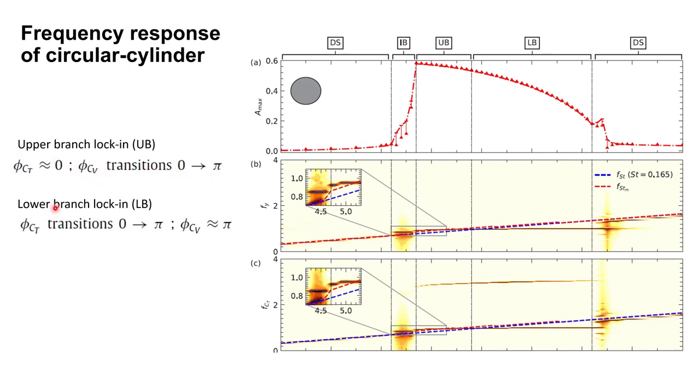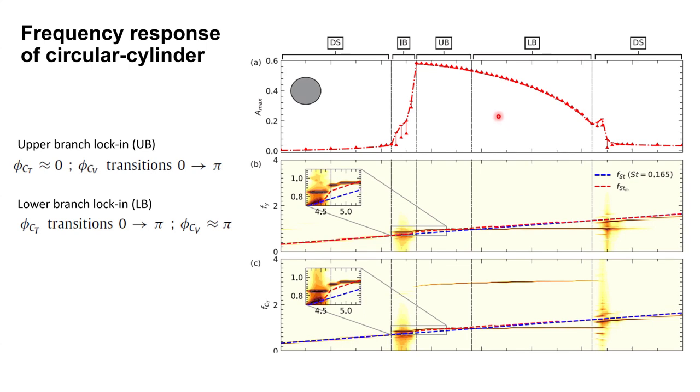And if it is the lower branch, then the total phase transitions from 0 to pi, and the phase of the vortex force is pi. So these two we use to demarcate this. So you may wonder where this line is coming from. So this line is based on this criterion, and we have also plotted phase. I'm not showing it here.